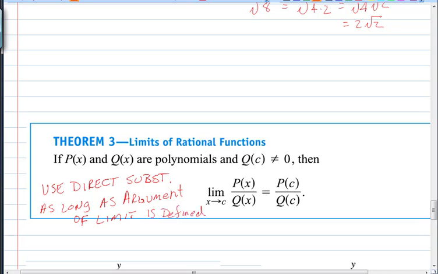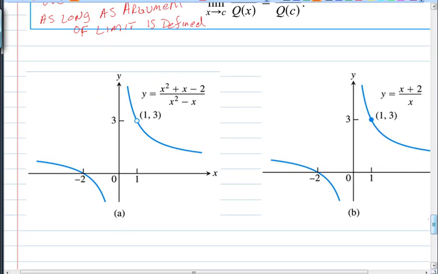That means that you can't have a 0 in the denominator. If you do have a 0 in the denominator, you've got to try different things.